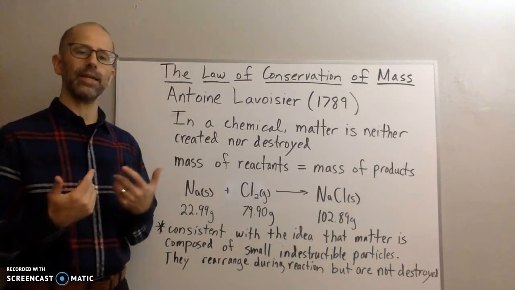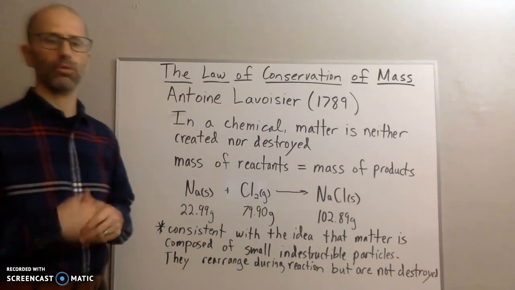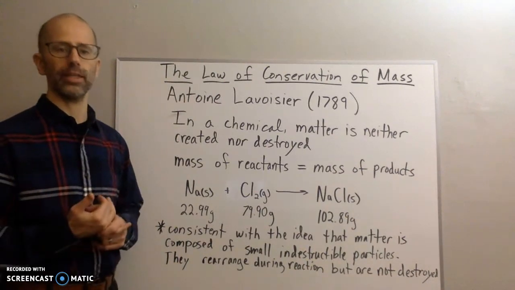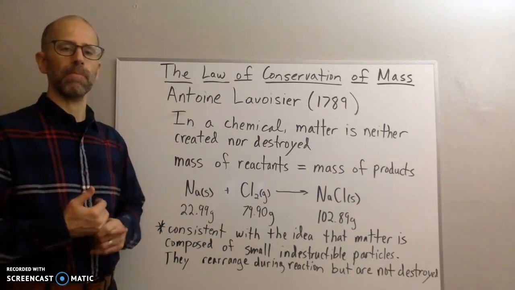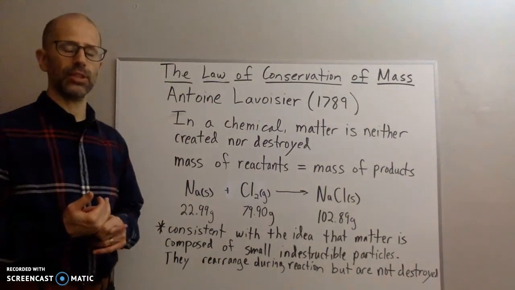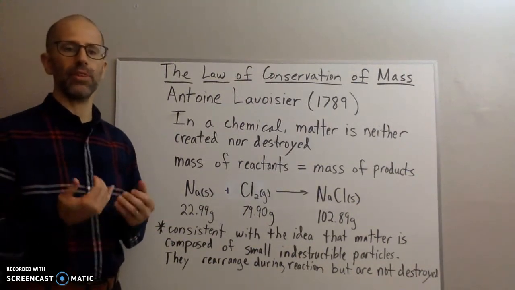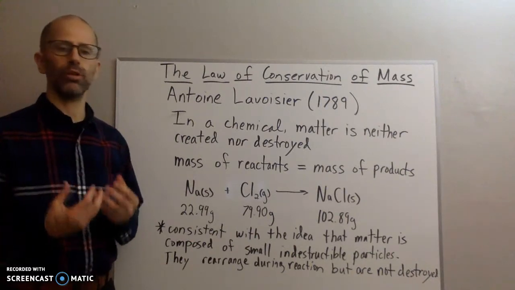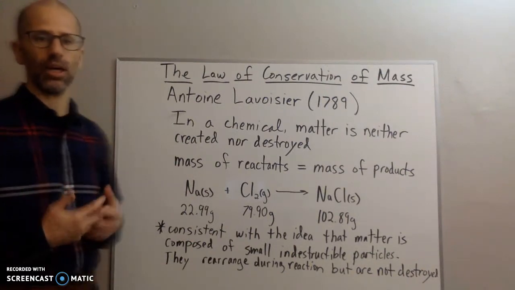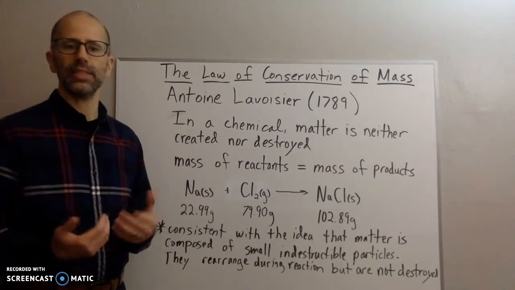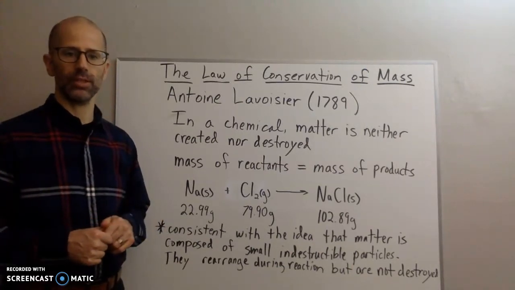But I want to say a few things to remind ourselves what a law is and what a theory is. So I mentioned the atomic theory. We need to remember that a theory is a general explanation of what we see in the world around us, right?